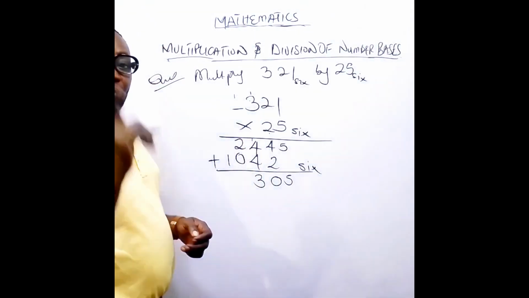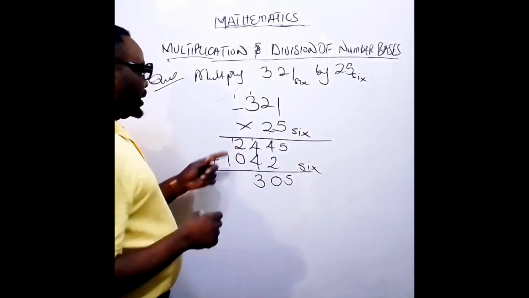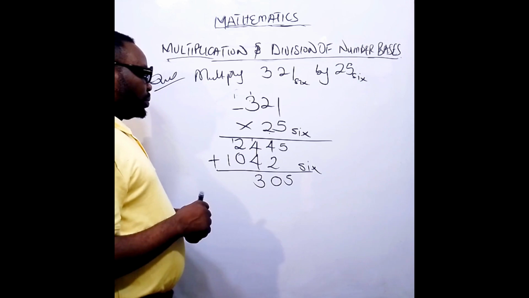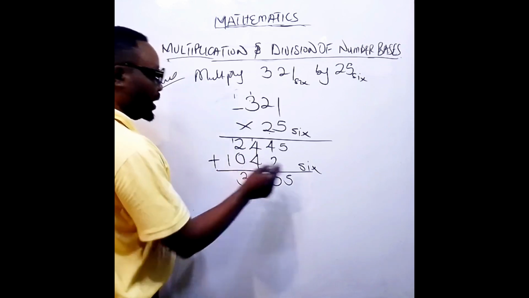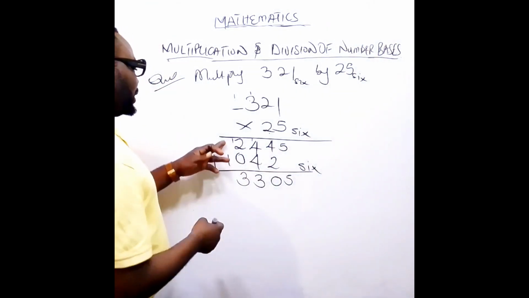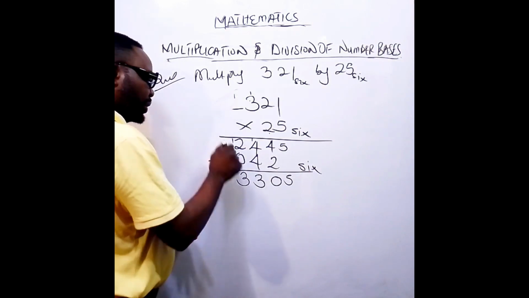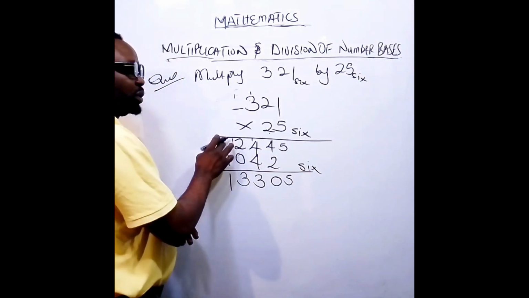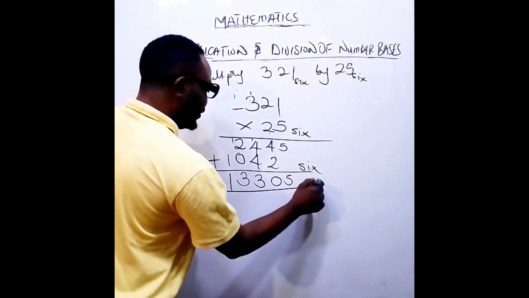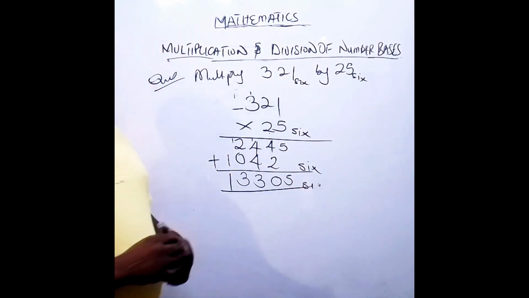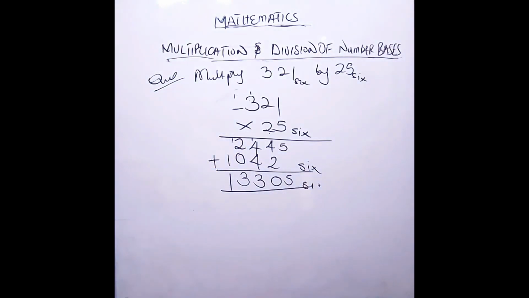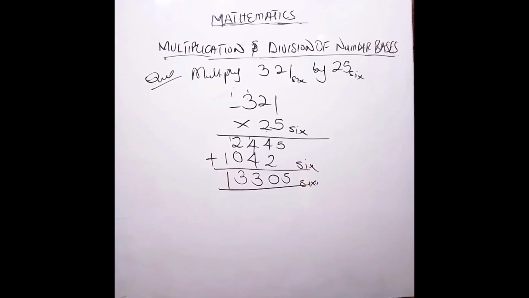How many 6 did I remove? 1. I put it here again. 2 plus 1 is 3. 3 is not up to 6, I can write it down. Then I'll write 1, because there is nothing to add with it here. I'm going to have 13305 base 6. That is the answer I get there.